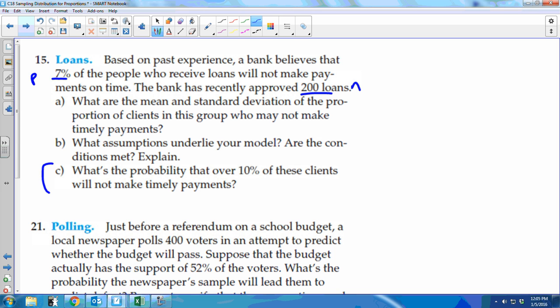How are you going to find a probability? You're getting the standard deviation. That's a good start. It's that thing in your calculator. That's good. Normal CDF.